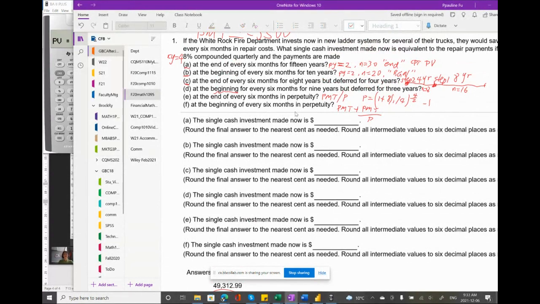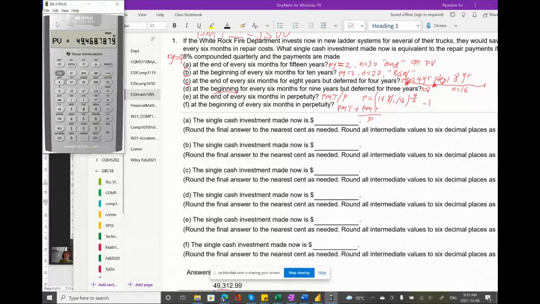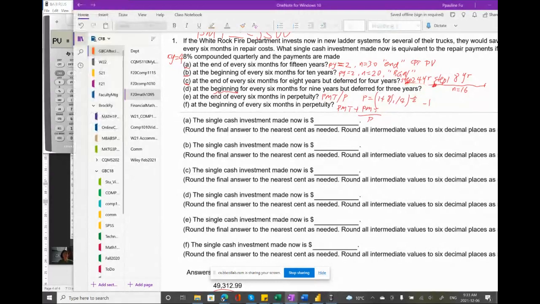Question C. At the end of every 6 months for 8 years, but deferred for 4 years. Okay, I will erase this and I will remake the note.